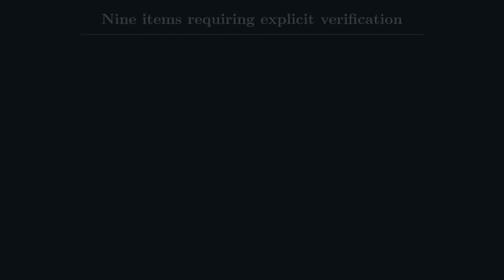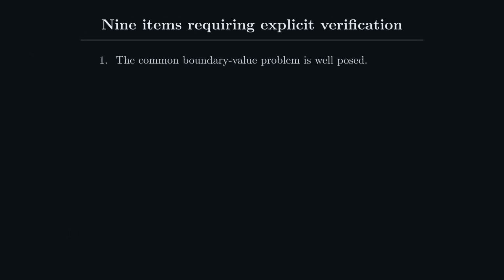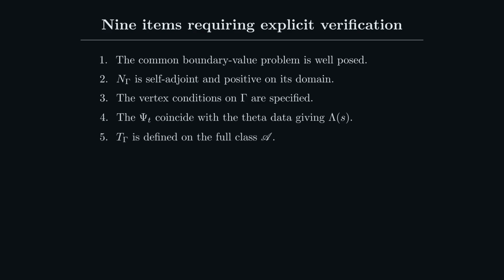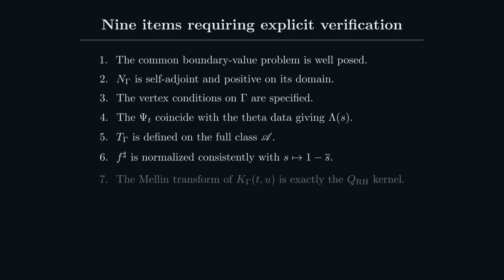And there are a bunch of things that need to be verified. Obviously, number one, the common boundary value problem is well posed. That's a must. Two, N gamma is self-adjoint and positive on its domain. Three, the vertex conditions on gamma are specified. Number four, the psi t coincide with the theta data giving lambda of s.